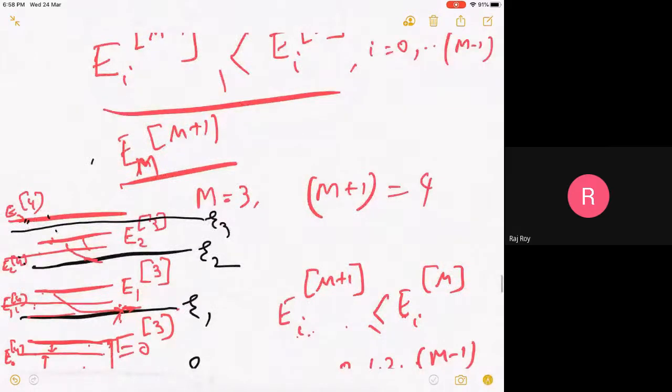E2,3 to E2,4 going down, but it will never cross E1. E1,3 will still be lower than E2,4, because at E1,3 it cannot cross here. Because there is E2, which will be higher than E1, and there has to be an exact state between this.